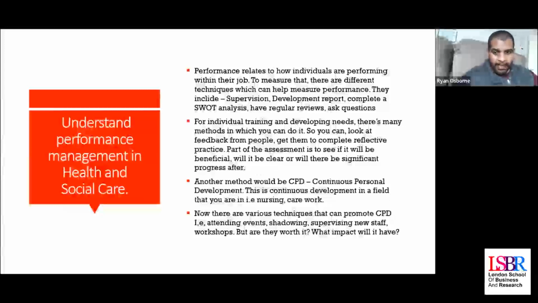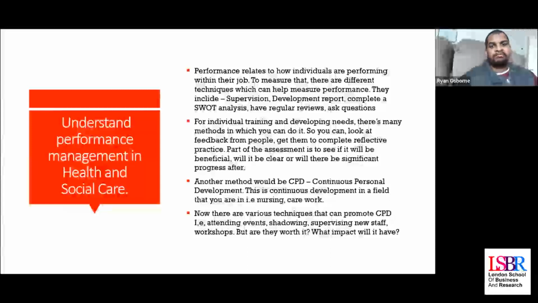So let's look at this, the CQC, for example, the Care Quality Commission. One day you might walk into work and you're told that as part of the management process and seeing how staff perform, someone from CQC is going to be having a look at what you do.